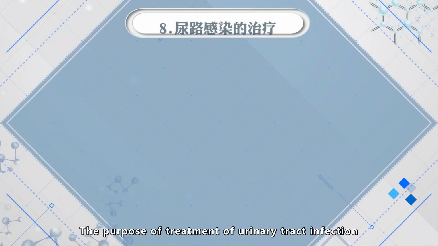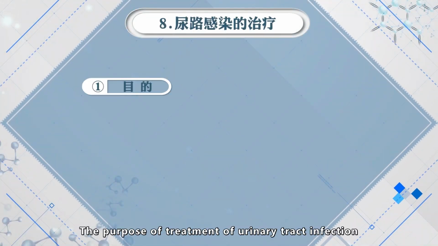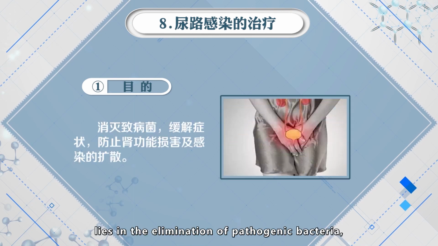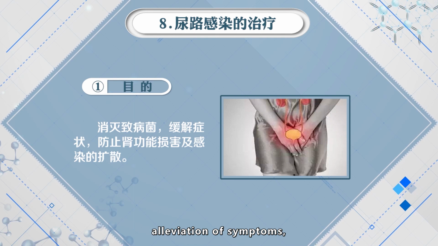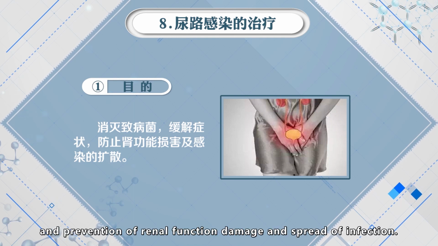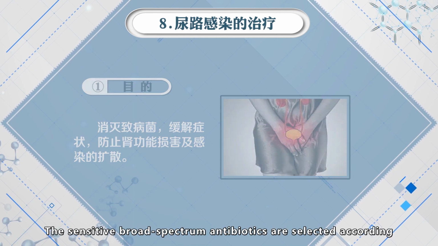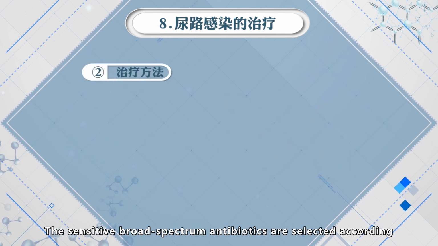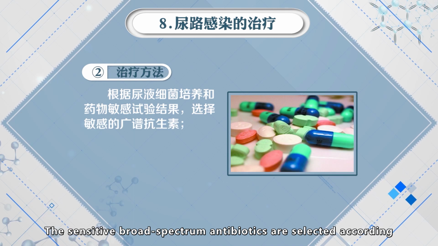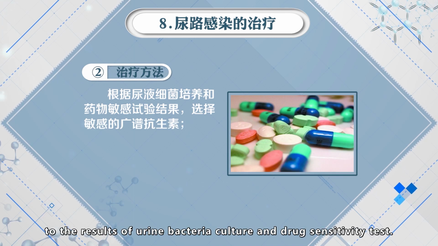The purpose of treatment of urinary tract infection lies in the elimination of pathogenic bacteria, alleviation of symptoms, and prevention of renal function damage and spread of infection. Sensitive broad-spectrum antibiotics are selected according to the results of urine bacteria culture and drug sensitivity test.